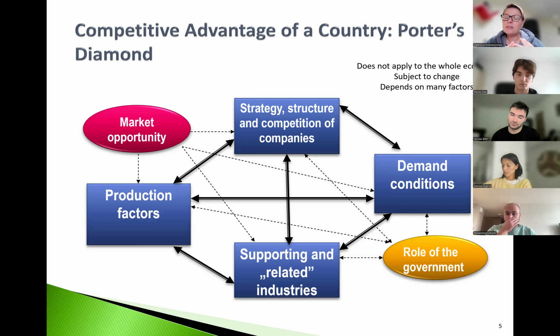If you have a demand that is early, and by early demand, I mean that nobody in the world wants what your customers want, then it gives you this pioneering advantage. You're going to be the first to offer something, you're going to test it before it's offered abroad.